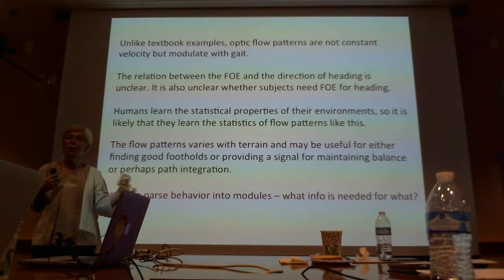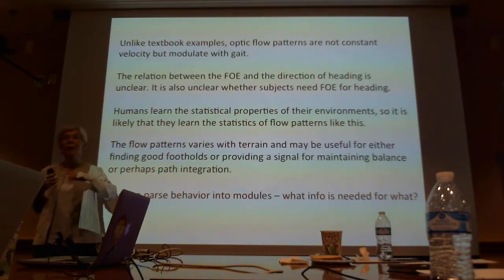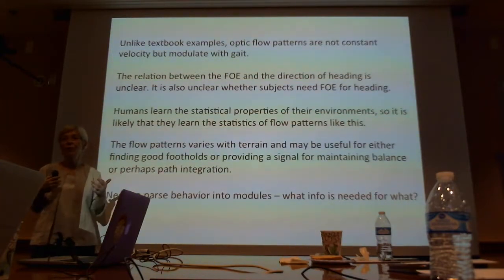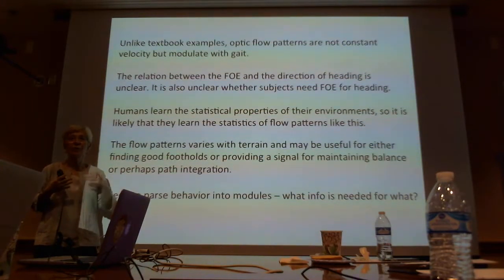And so on terrain like this, you're concerned with choosing foot placement and keeping it in generally the same direction, and you might check every now and again and see if you're sort of on target. But we don't know what this breakdown is. So how much is controlling foot placement? What are the costs and things that you're trading off?